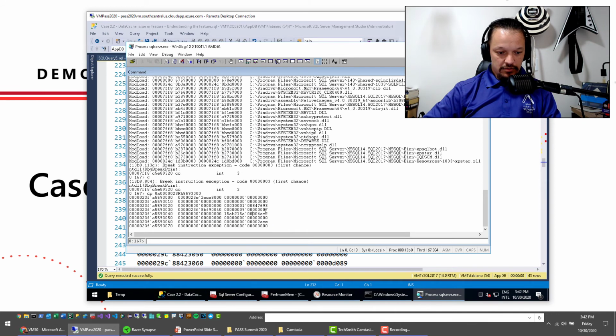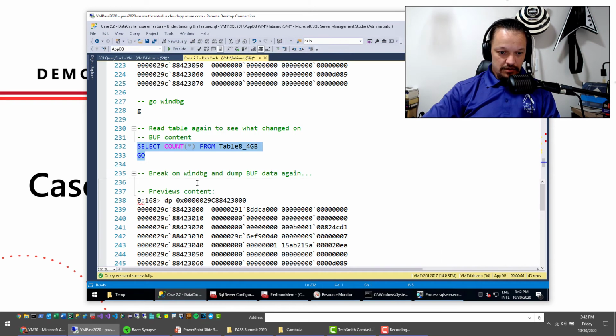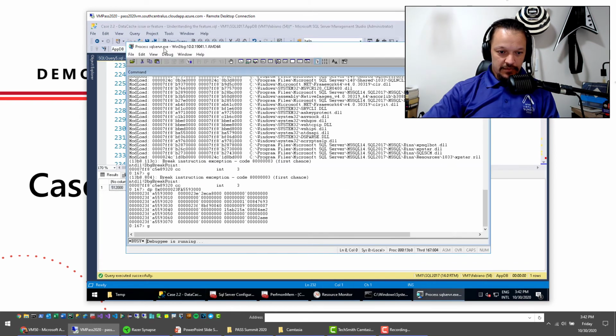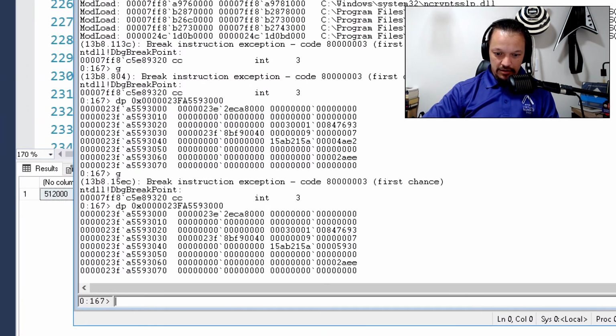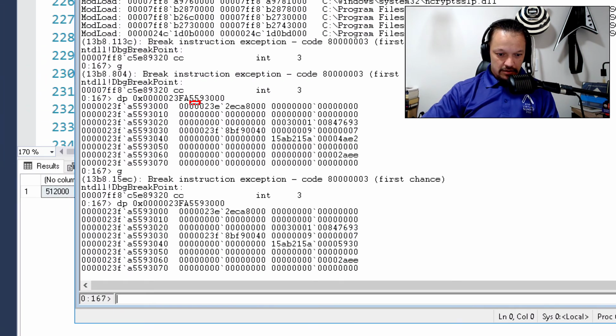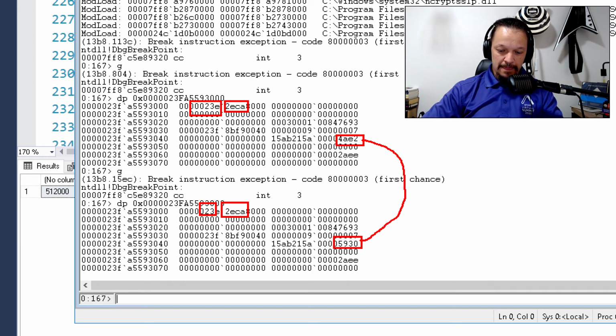So let me run the query again. Oops, let me release here. All right, done. And then break. And then DP again. And then let's see. This is the same. This is the same. And there we go. So looks like this is the position that has the BUs1 information that we need.